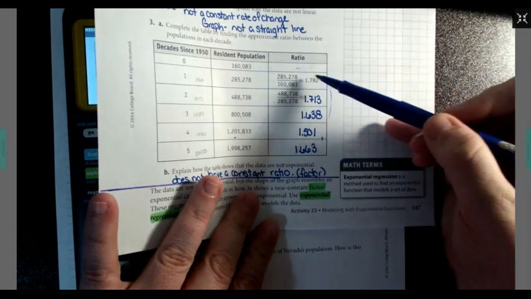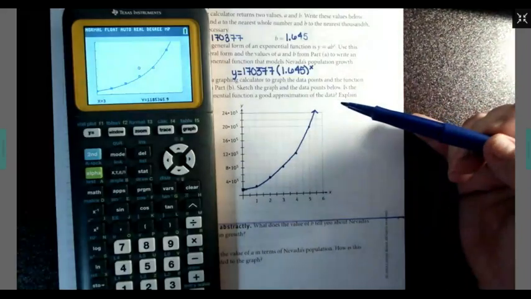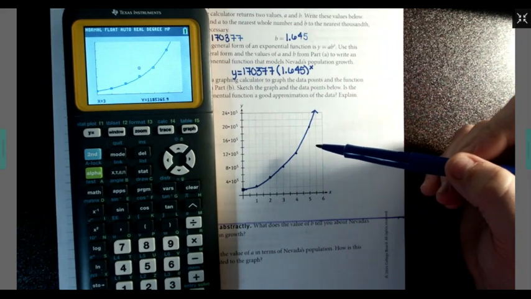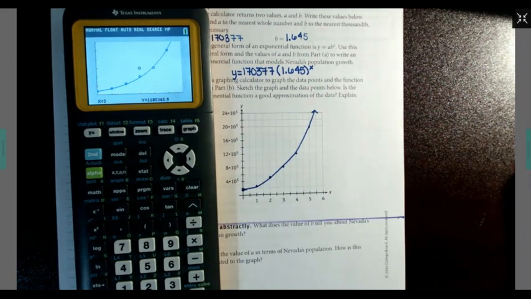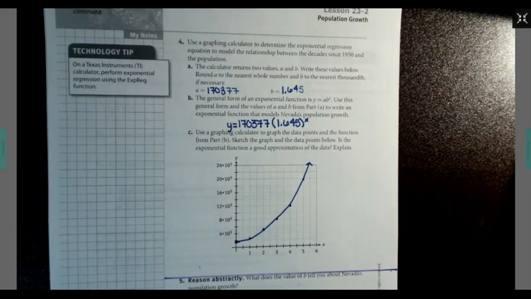They were all close to about the same, but they weren't exact. So it makes sense that my graph would not go through all of the dots exactly. Make sure you get this graph copied over, and then we're going to move on to the next set of questions.